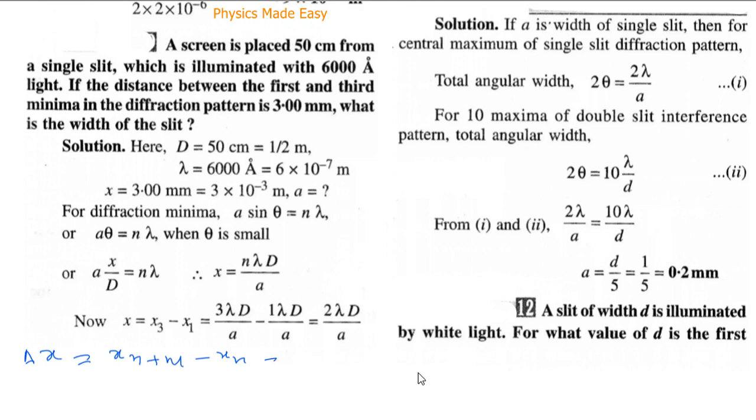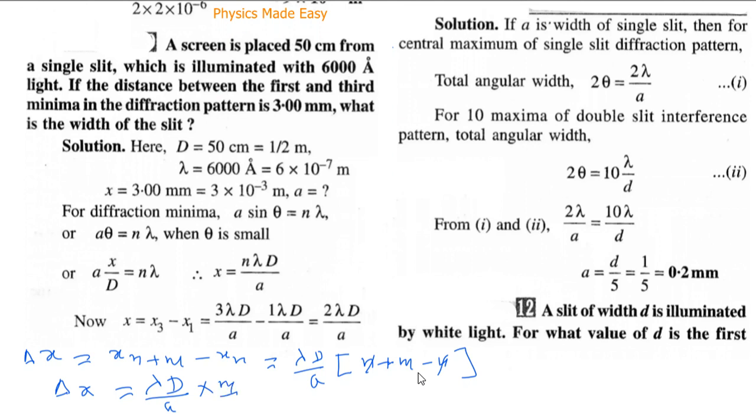So this will be equal to lambda capital D by a into n plus m minus n. This cancels. So now note down this shortcut. In such problems, lambda D by a, here I shall be having just m.